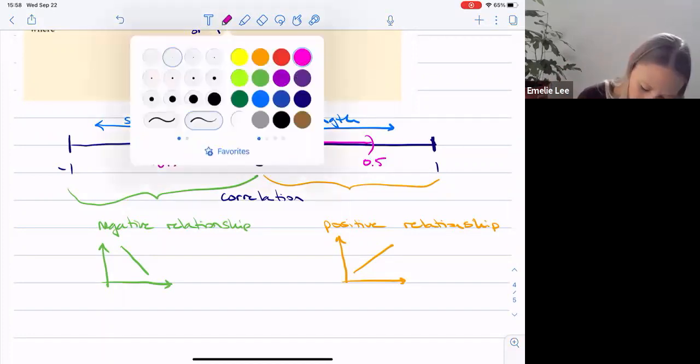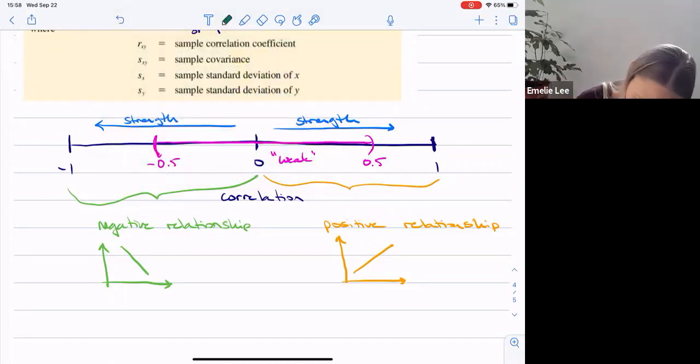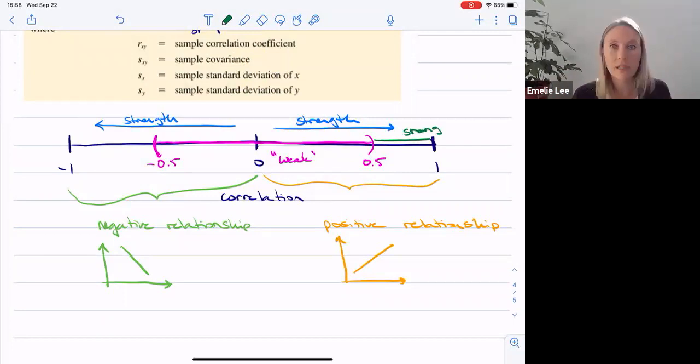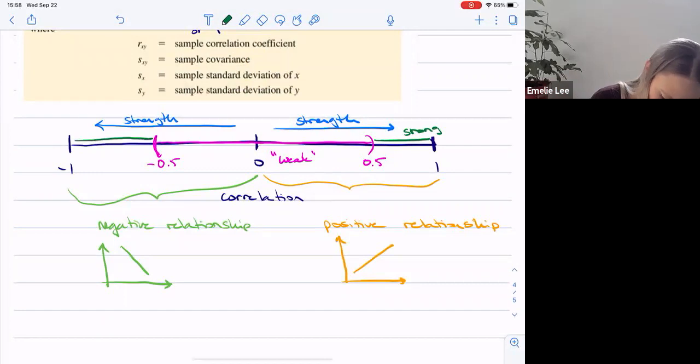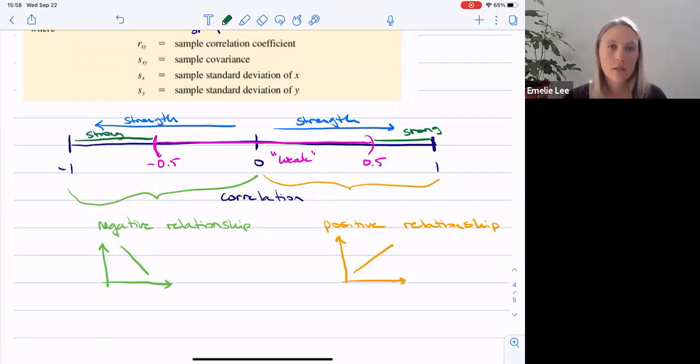But then as we move out here, I would call this a strong positive linear relationship, or on the other end, I would call this a strong negative linear relationship. And notice that there's some curvature here in the cutoff points. It's not exactly at 0.5, right?